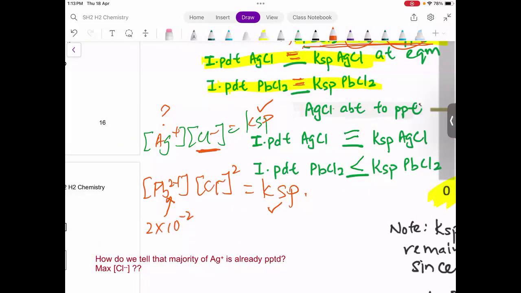If this is given and none has precipitated out yet at that moment, I know the Ksp value of lead chloride. Can I calculate what this is? And this is communal. It's shared by the two sparingly soluble salts since they are swimming together in the same solution. So when I calculate chloride concentration from here, it will belong to both the salts.